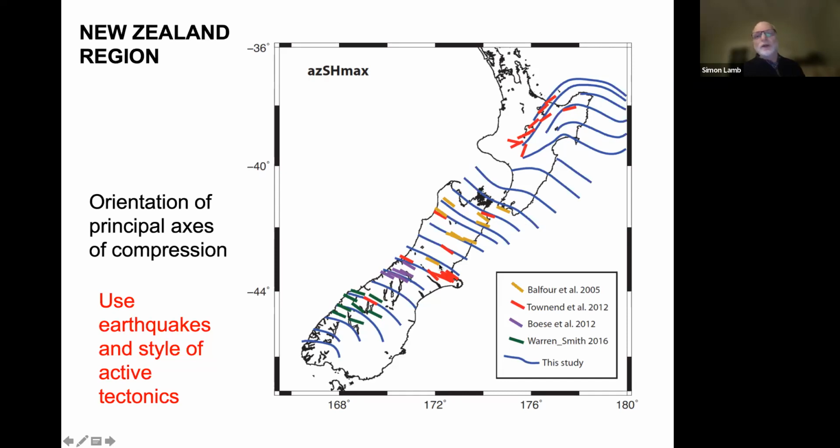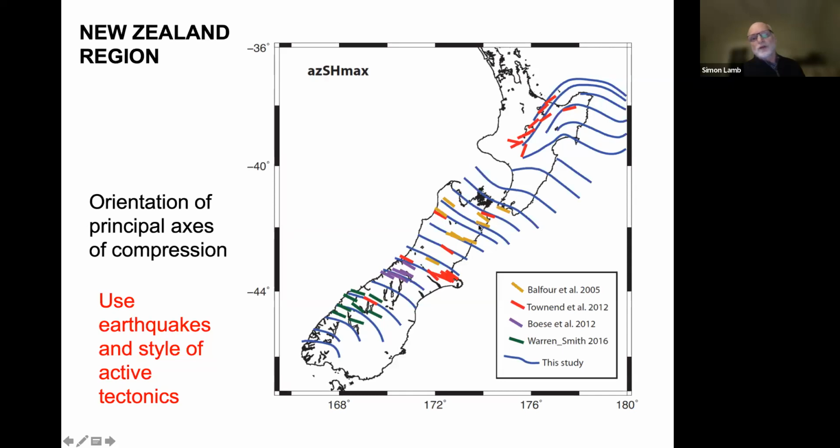Or if you use GPS and assume it's isotropic, then you can assume the stress tensor is parallel to the strain rate tensor, and you get a relatively good fit. So what we've done is use that velocity field to get the strain rate tensor, and then assume that it has the same shape as the stress tensor. So this is the direction of the maximum horizontal principal stress.